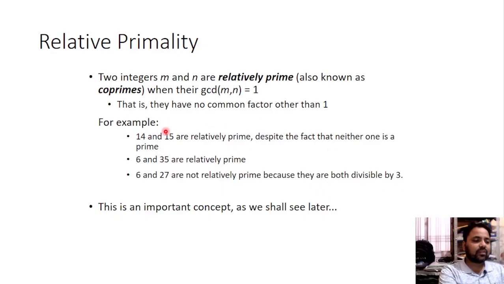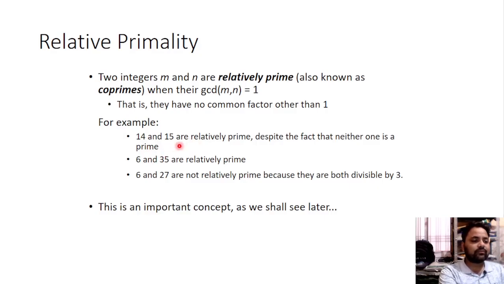So here we can see that 15 and 14 both are relatively prime, meaning both are co-prime to each other, because 14 and 15 have no factor in common except 1.